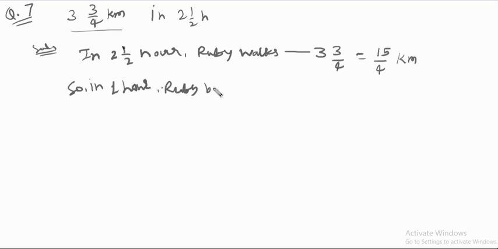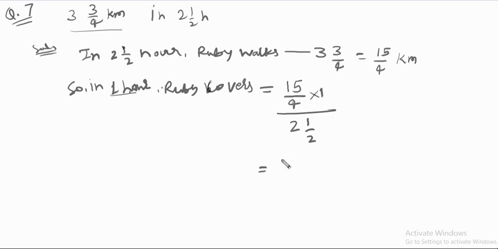Ruby covers in 1 hour will be equal to 15 upon 4 into 1 hour upon the total time, 2 1 by 2, right? We can write it this way.